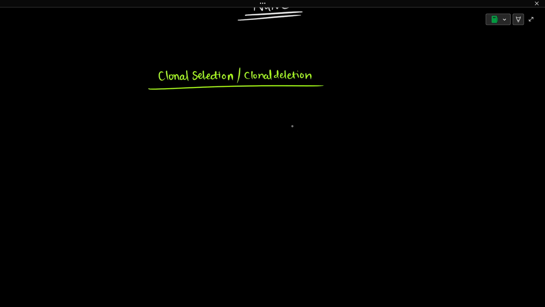So clonal selection or deletion is a phenomenon where 95 to 99% of the T cells are rejected or die by apoptotic mechanisms because they are reacting to self cells, meaning the own cells of the individual. The job of immune cells is not to react to self cells, right?